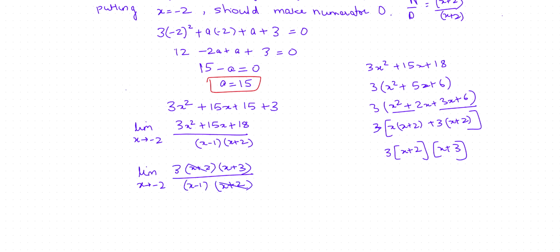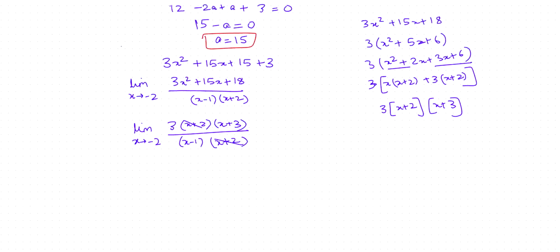Now putting x equal to negative 2 does not make the denominator 0 because it cancels out. So now we can put x equal to negative 2 to get the limit.